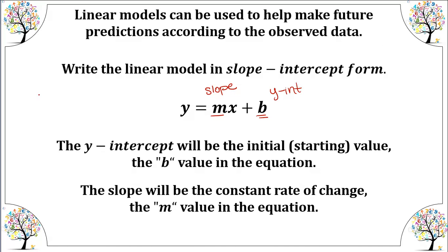Now let's recall the slope is the change between 2 points on a line. It is the change of the y values compared to the change of the x values. We use m to represent slope, so it's the change of the y's, or the rise, compared to the run.